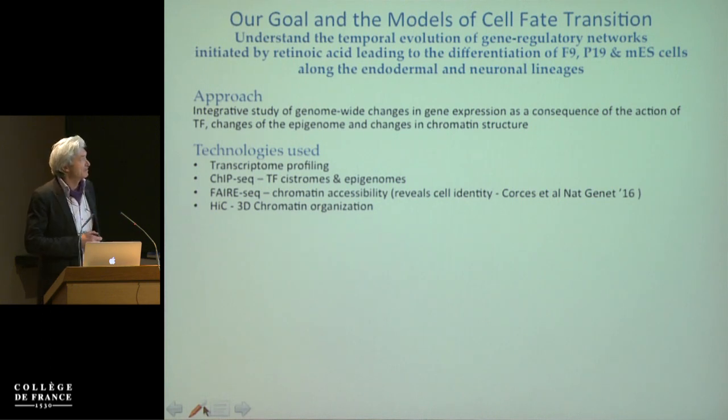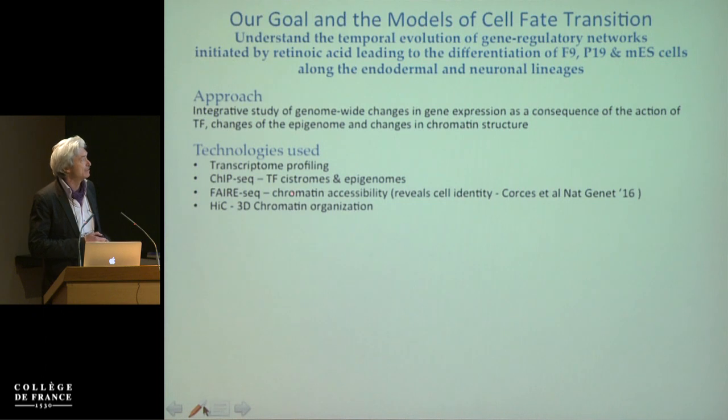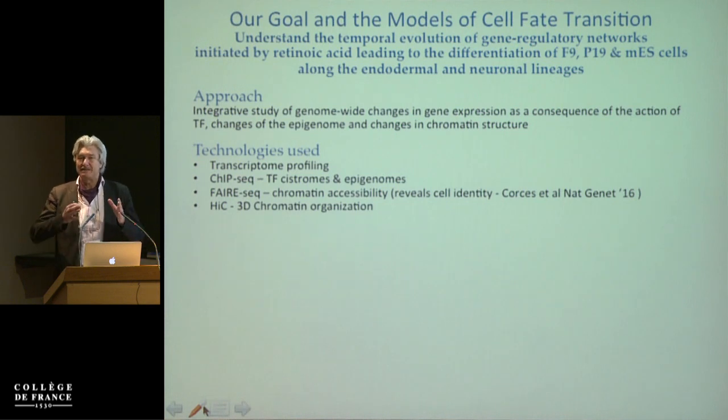We use FAIRE-seq. There are other technologies like ATAC-seq, but we find FAIRE-seq quite useful in order to study chromatin accessibility. You know, DNA is packed in chromatin, and there are regions which are more or less open and accessible, for example, to transcription factors or other regulatory machineries.